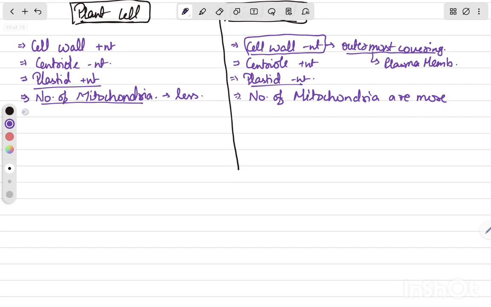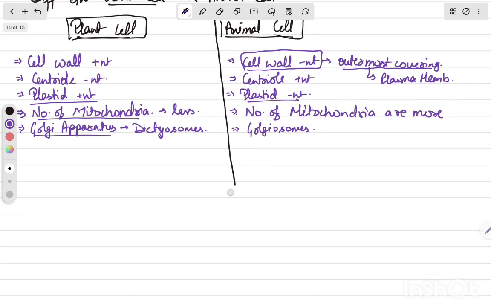Next difference between plant cell and animal cell is Golgi apparatus. Golgi apparatus in plant cell is called dictyosomes, while in animal cell it is termed Golgiosomes. Right?